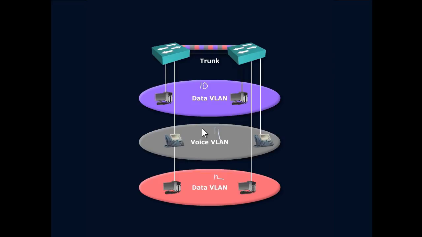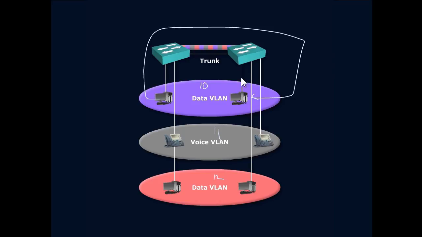Now, the access ports themselves have those numbers, and then the switch makes sure not to allow traffic to be forwarded to any other port that has a different VLAN ID number. But what if this device in VLAN 10 wants to talk to this device in VLAN 10? How does the second switch know what VLAN the device is on from the first switch?